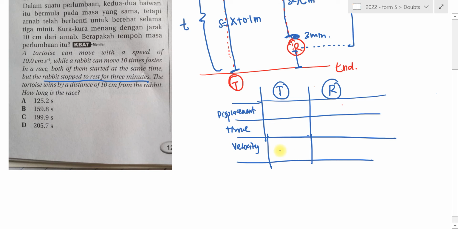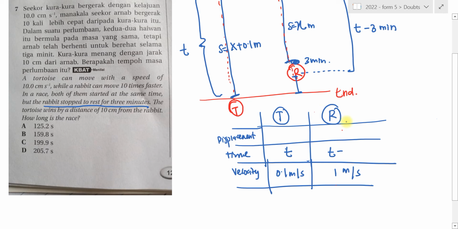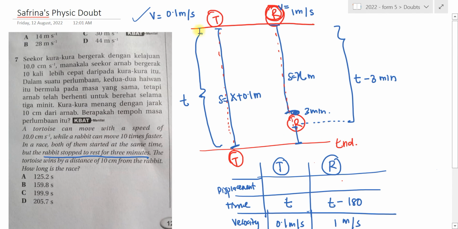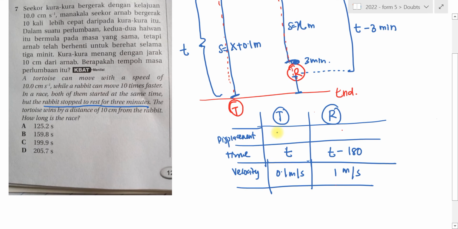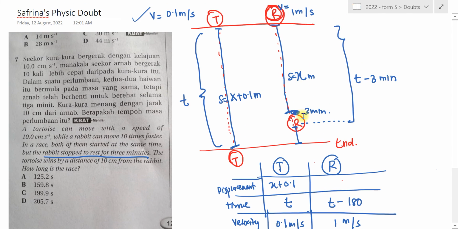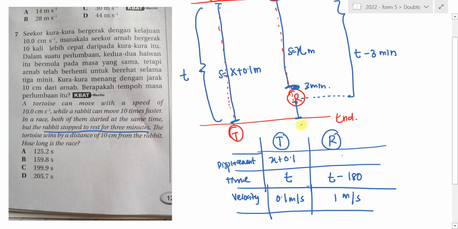The velocity of the tortoise is 0.1 meter per second, and this one is 1 meter per second. The time taken by the tortoise is t, and the rabbit is t minus 3 minutes. I change it to seconds, means 180 seconds. The displacement that the tortoise covered is x plus 0.1, while the distance covered by the rabbit is just x meter.